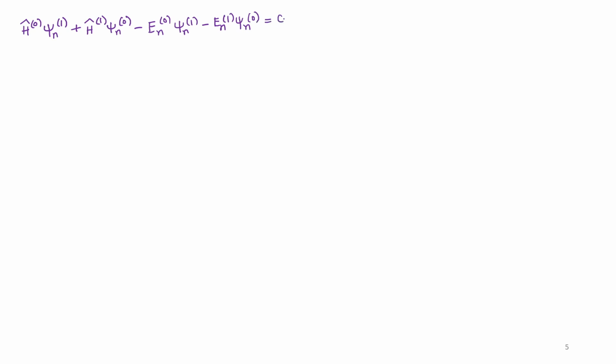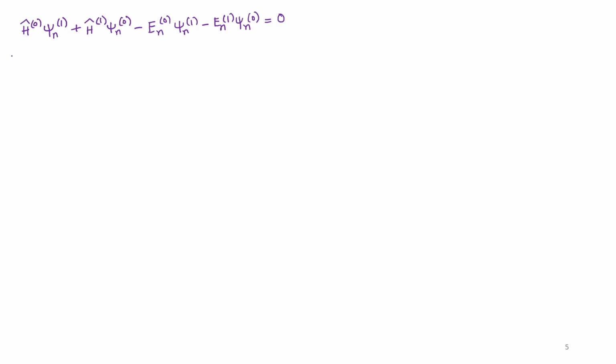I hope I have written it correctly. Now I'll look at my note. So let me look at my note, and I can see I have written it correctly, right? Hn naught sin 1, h1 sin 0 minus en naught sin 1 minus en1 sin 0. So you can actually write it in that way.